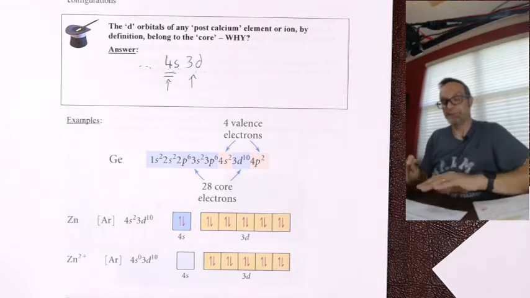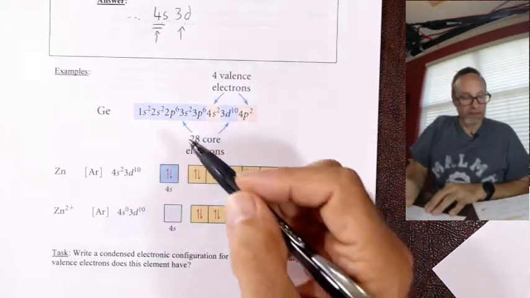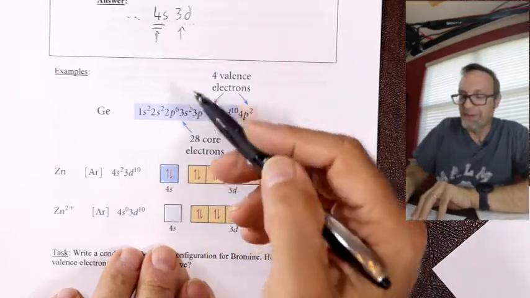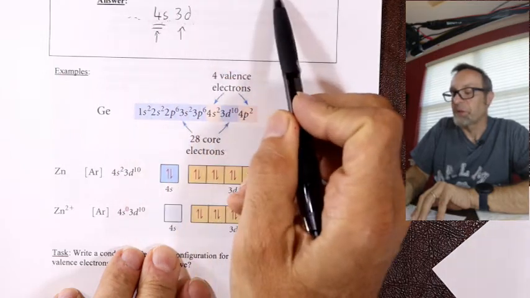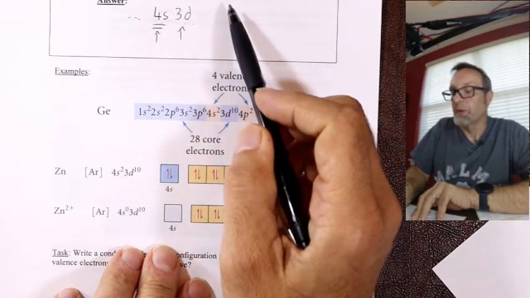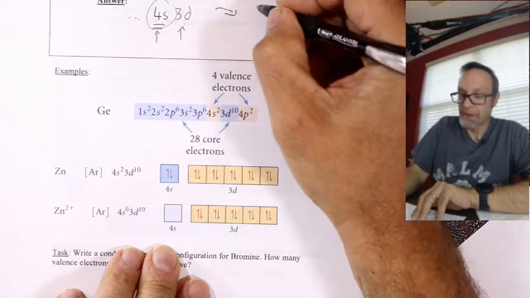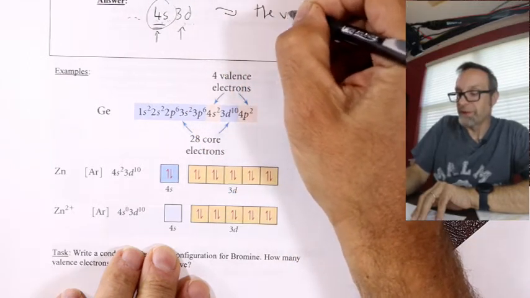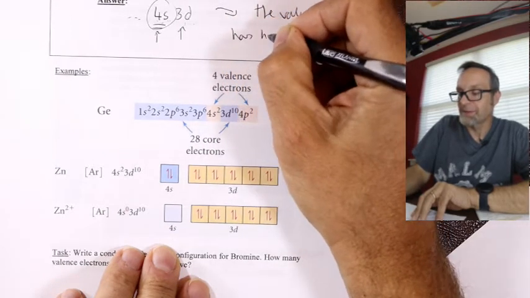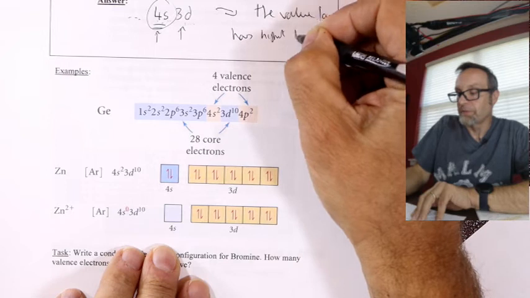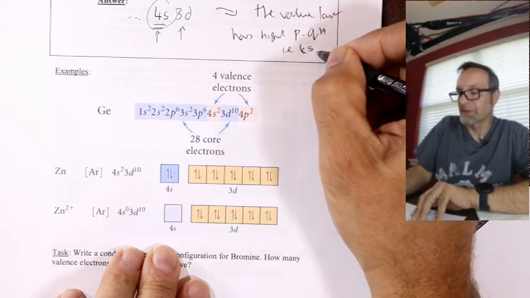All right. So if we look at our order of filling, actually, let's just flesh this out a little bit. The d orbitals of any post-calcium element or ion, by definition, belong to the core. Why? Because the valence layer has the highest principal quantum number, i.e. 4s, right?